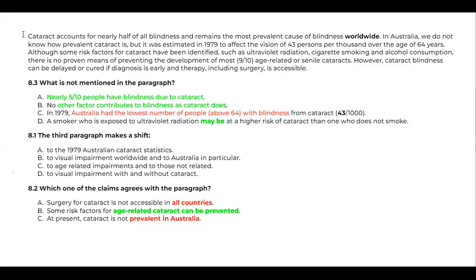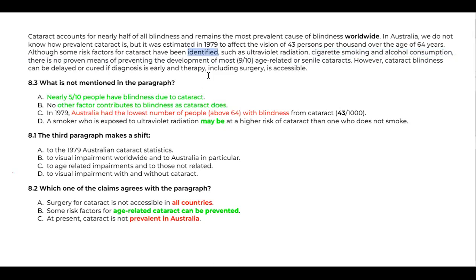We can say maybe, yeah, because it says that there are 3 reasons here. One is exposure to ultraviolet, cigarette smoking, and alcohol consumption. If these are identified by scientists, therefore there is a higher chance for one who is exposed to ultraviolet and cigarette smoking. Yeah, tell me, Satish. Yeah, sir.